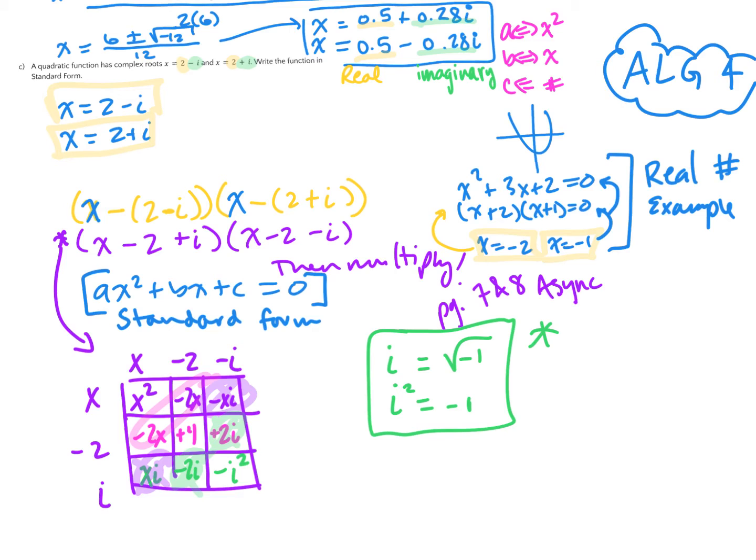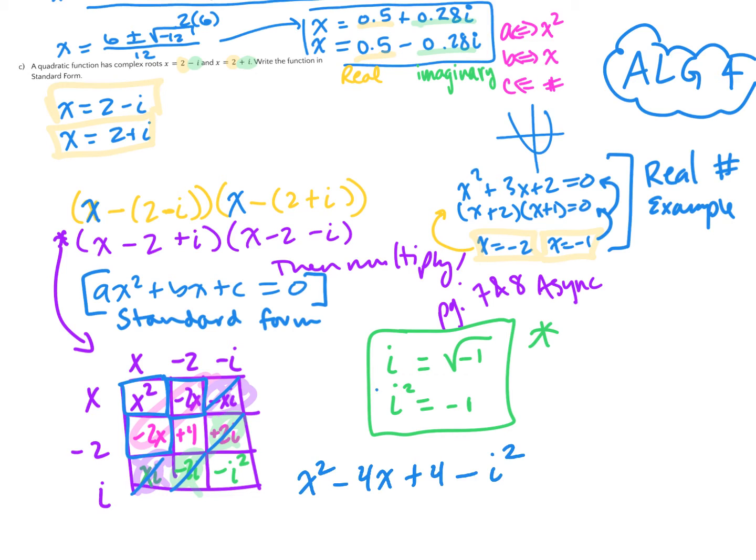So let's rewrite this in blue. I have x squared, and then these two combined are negative 4x. Those are gone. So I have plus 4 minus i squared. And you're like, wow, great. It was so close to being perfect.